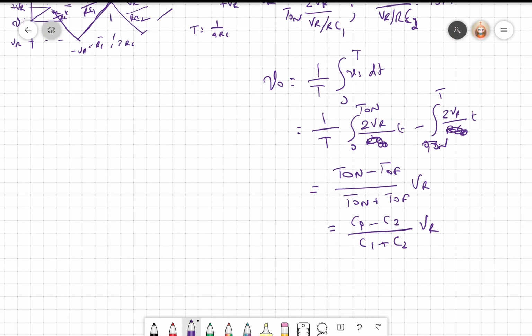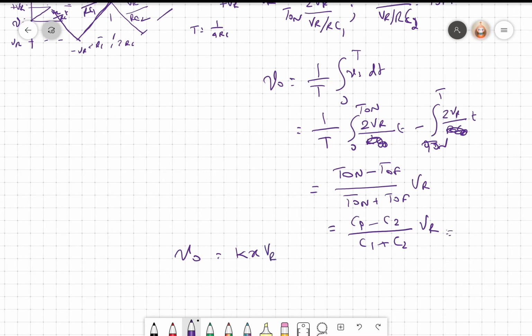The output of the integrator, even though we say integrator, we simply put a low pass filter with the cutoff frequency much less than the oscillator frequency. So we get V naught, this we have already evaluated, would be kx into VR.